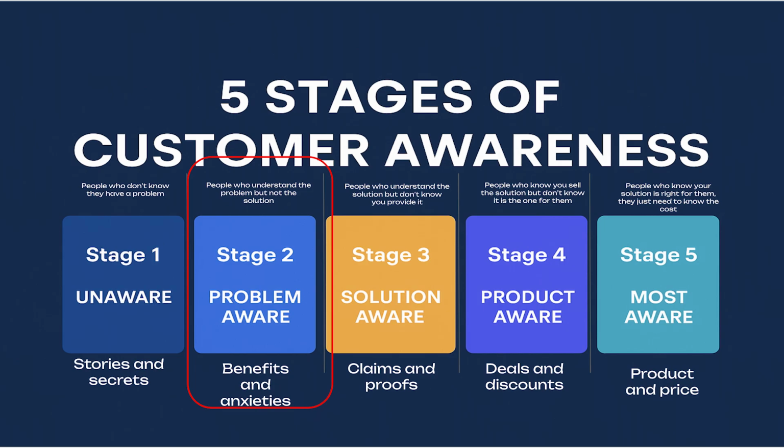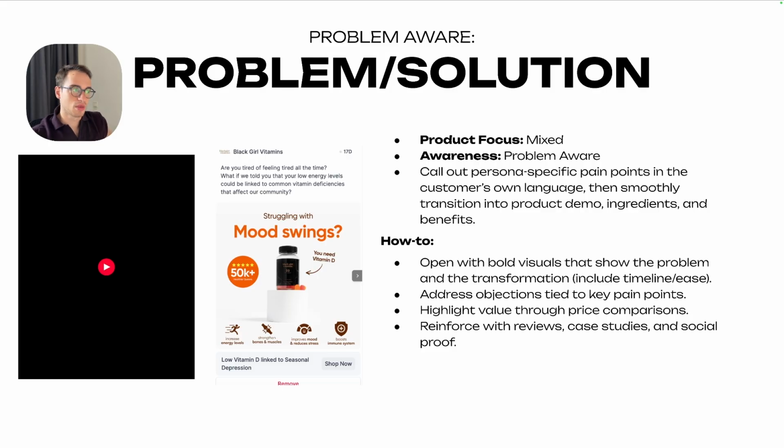So some of the examples here: one of the most common concepts is also one of the most high performing ones, and that's the problem solution format. We deal with the pain or the problem, and then we introduce the solution. The key thing here is to call out the persona specific pain points in their own language, like I said, and smoothly transition into the product, the ingredients, and benefits, but make it very relevant.